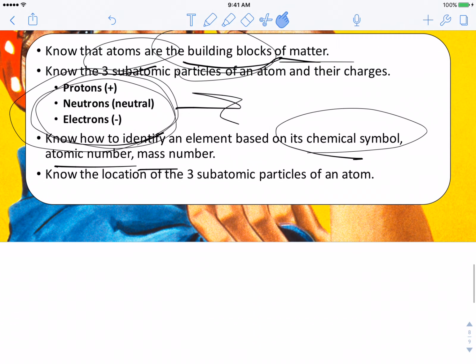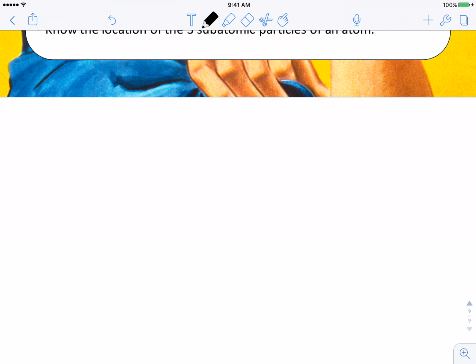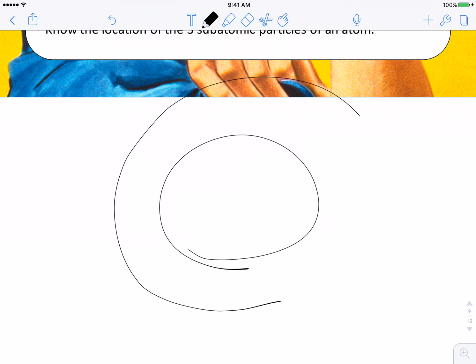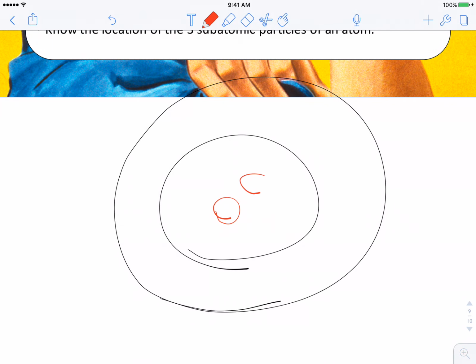That's important. You need to know the location of the 3 subatomic particles of an atom. So if we have an atom, protons are in the center.